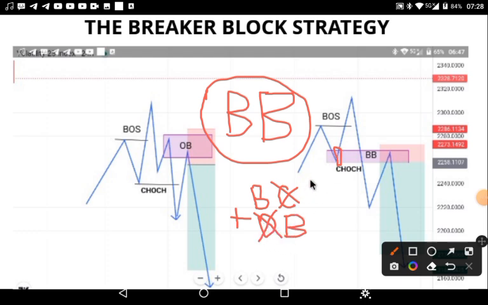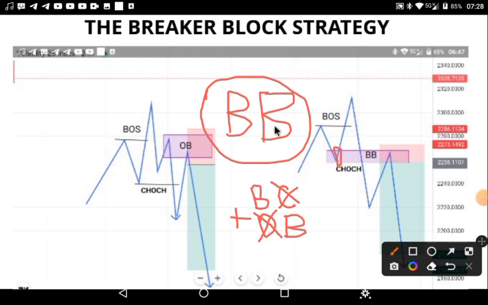When you take the block and the breaker, you have breaker block. Is that clear? So your breaker block is a combination of your order block that failed and the candle that broke through, the candle that made it fail.